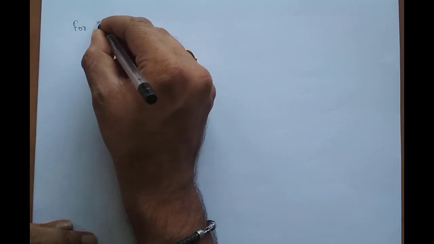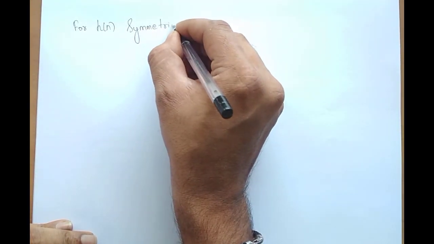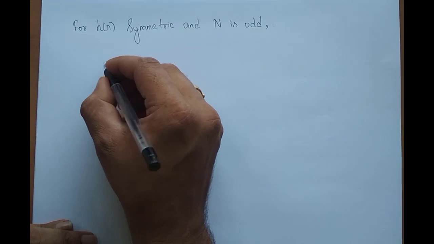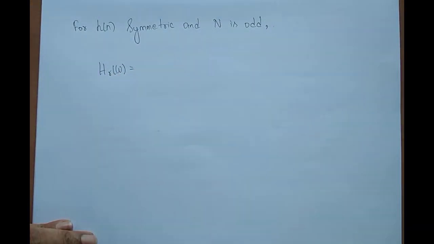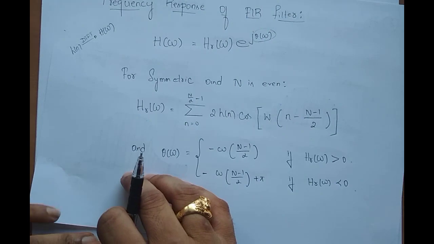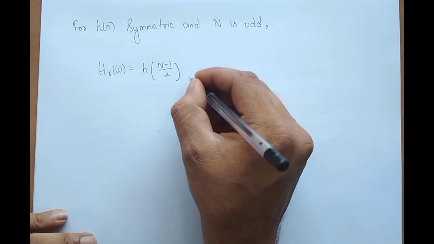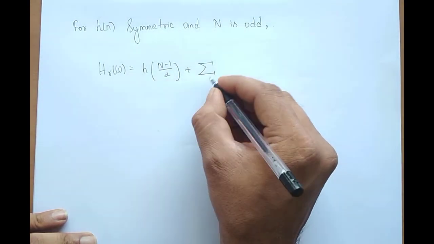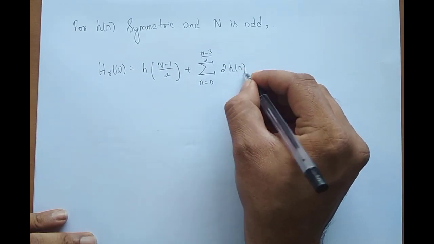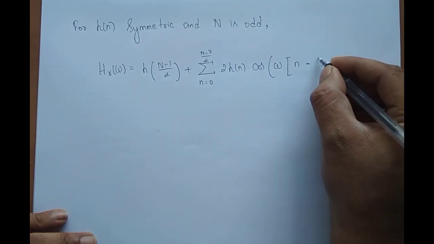Now for h of n symmetric and N odd, we have a slightly different equation compared to N even. H_R of omega is h of (N minus 1)/2 plus the summation n varying from 0 to (N minus 3)/2 of 2 times h of n into cos of omega into (N minus 1)/2 minus n.